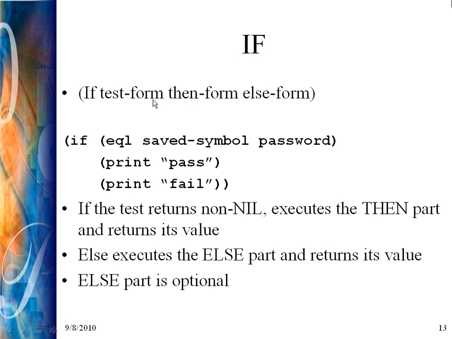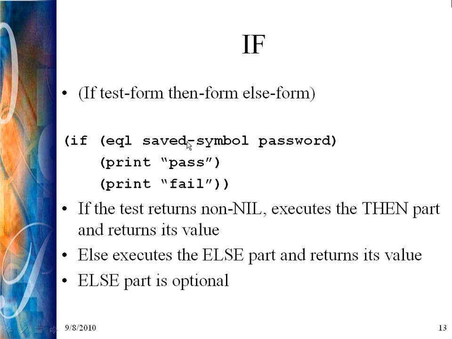If the test form comes out true, the then form is evaluated. Otherwise, nil is returned if there is no else form, or the else form is evaluated if there is an else form. So for example, here's an if construct. These are variables, and they have to have values. We haven't defined them, but we presume they're defined.